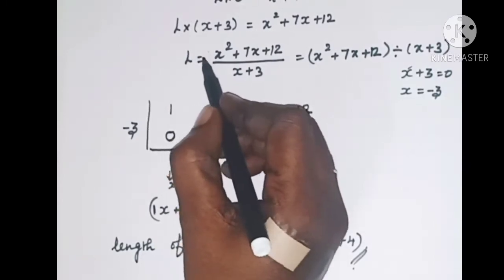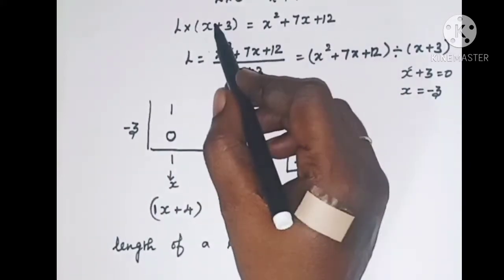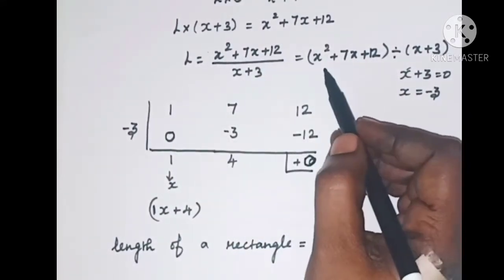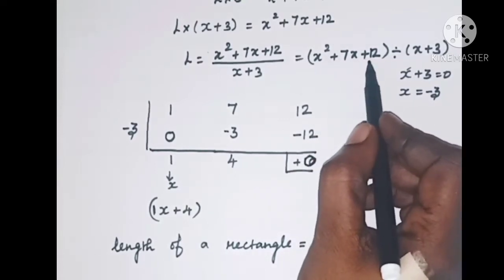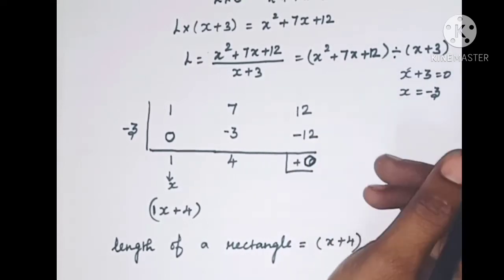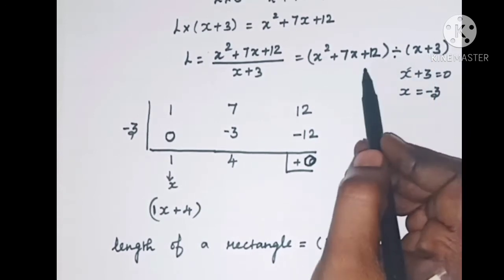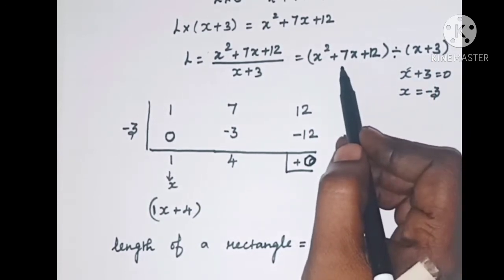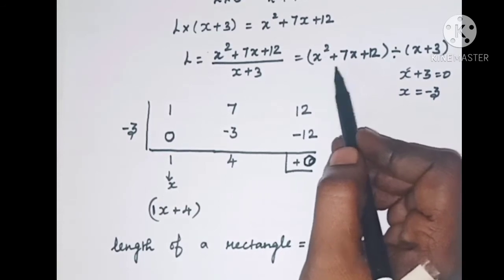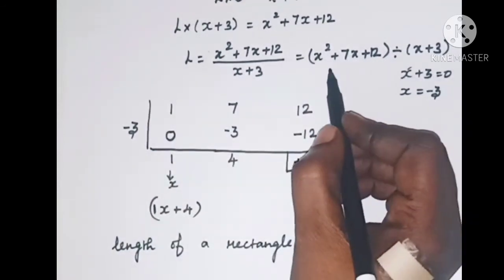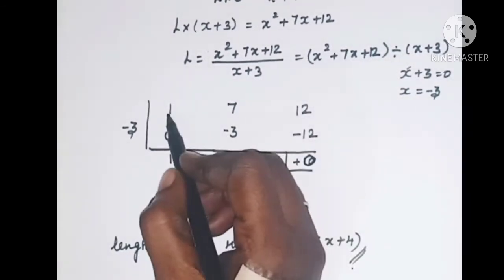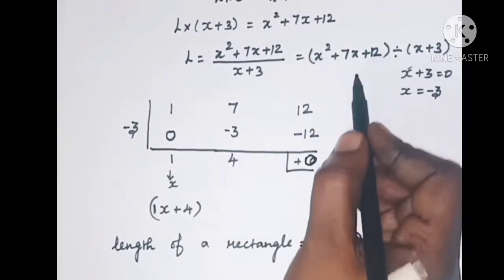So length is equal to this expression divided by x plus 3, that is x square plus 7x plus 12 divided by x plus 3. Now we have to divide using the synthetic division method. First we write the coefficients 1, 7 and 12.